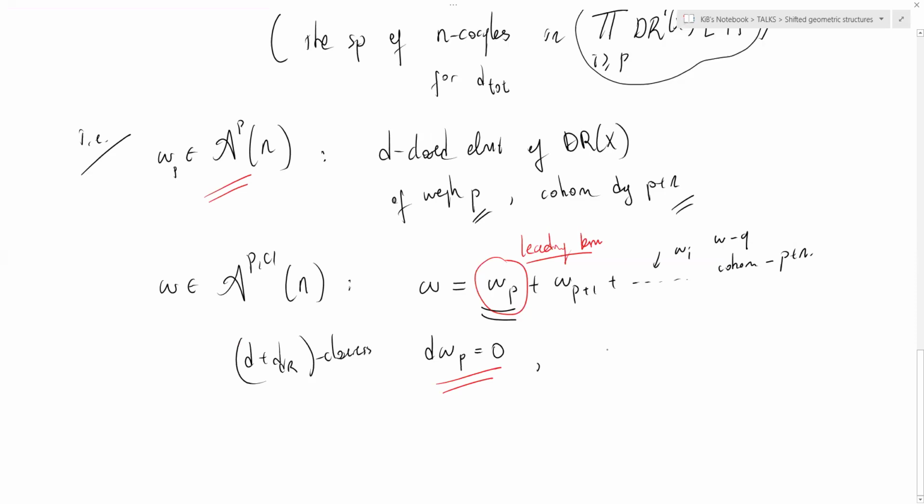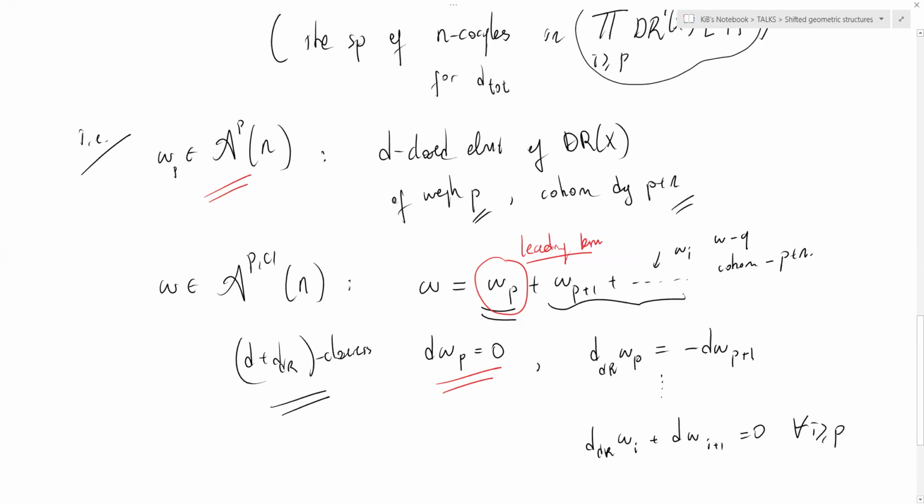It means that this omega_p is almost de Rham closed, but there is a correction term, like this. You can define infinitely many relations like that. The meaning of this d plus d de Rham closedness is that for any i, this thing at i plus 1 is 0 for all i bigger than p. The other terms, except the leading term, are correction terms, homotopy terms, higher terms.